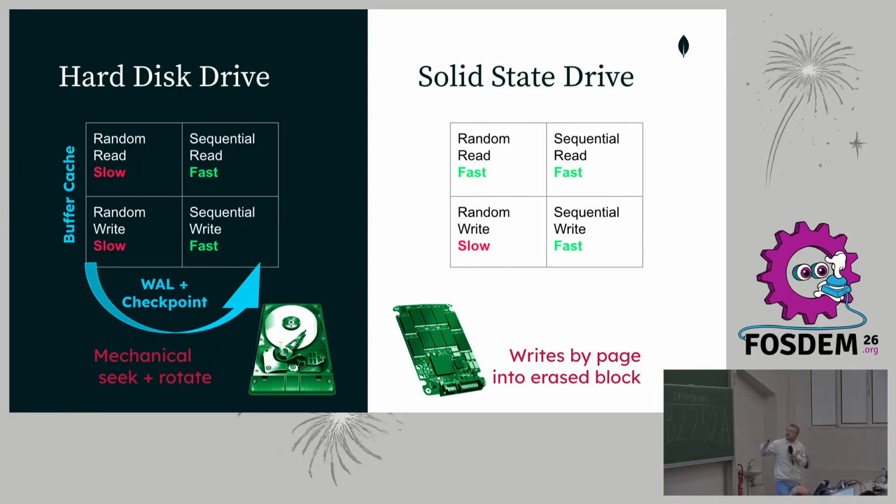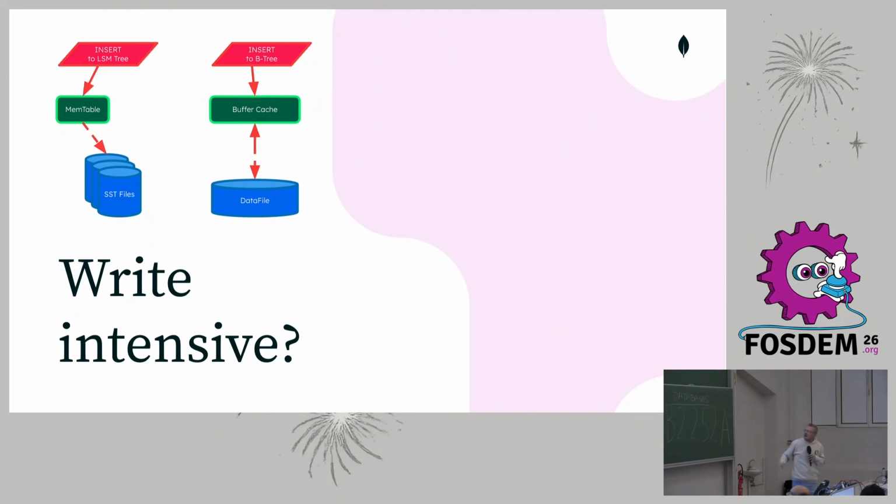With SSDs, the reads are faster, so you can accept a bit more read amplification, but the writes can still be slow, so it's something that is optimized by transforming the random writes to sequential writes, because it writes to memory, and then the flush is sequential, the compaction is sequential. So I started with this because I wanted to be sure that I mention it.